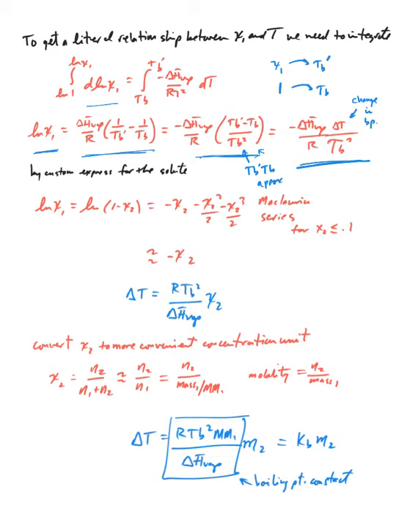We're going to clean this up a little bit. So really what we've done here is we have connected the mole fraction of the solvent to the change in boiling point, but we're going to make it look a little neater. Now, one of those things that you studied in calculus were power series, and you may have wondered, why am I doing this? I'll never see it again.